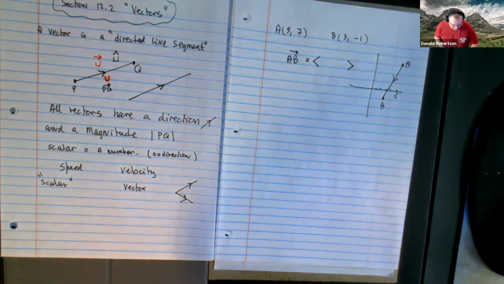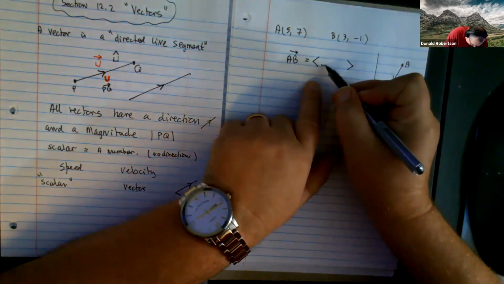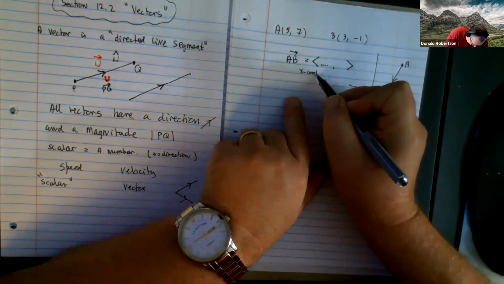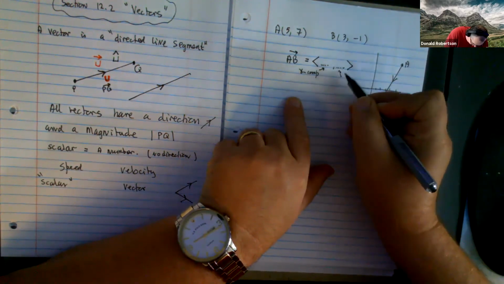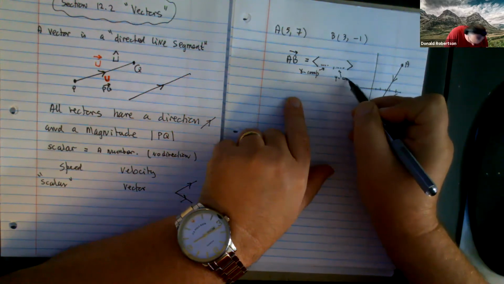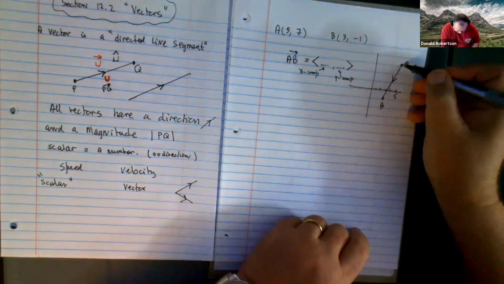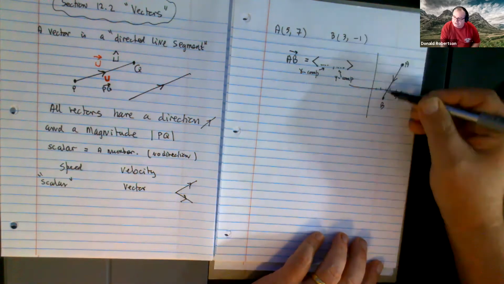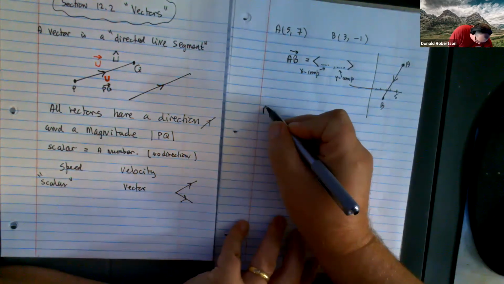In this case, the first number is called the X component, and the second number is called the Y component. You imagine that you start at A, and then say how many in the X direction you travel, and then how many in the Y direction you travel. And there is a formula for calculating it. Let me show you what it is.